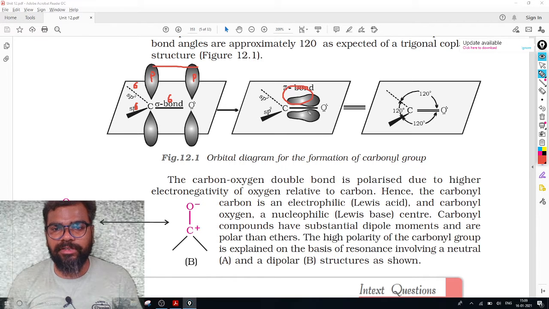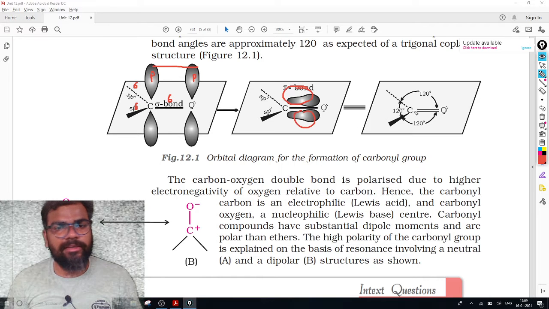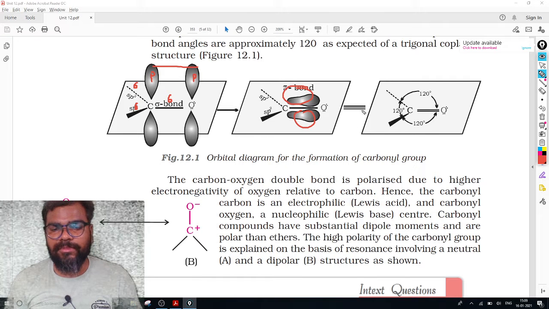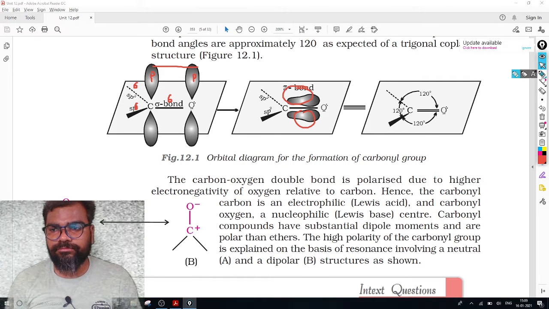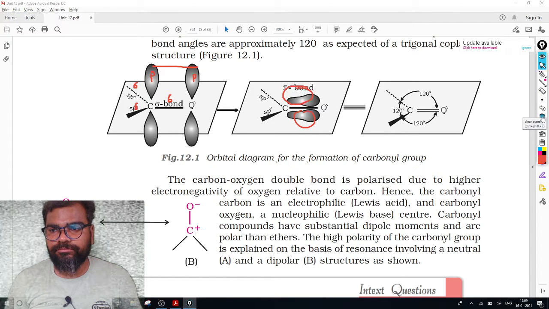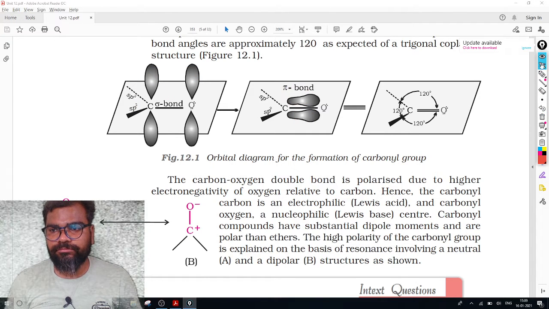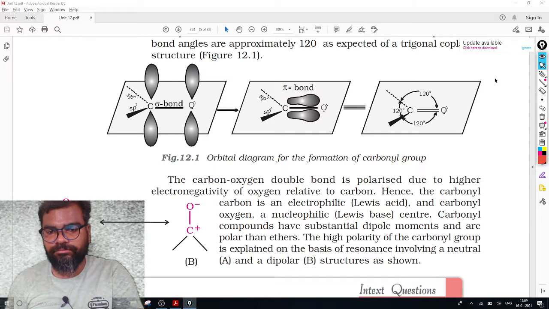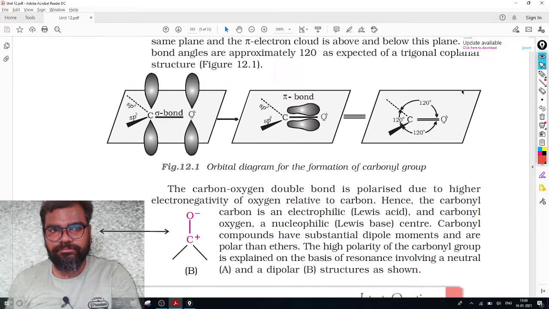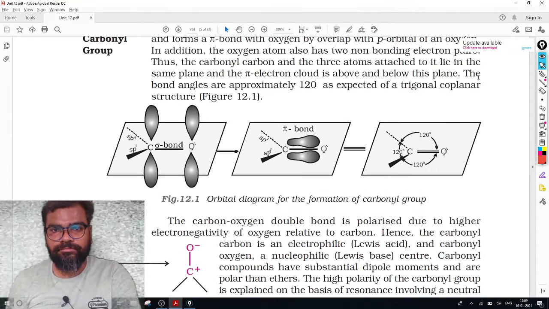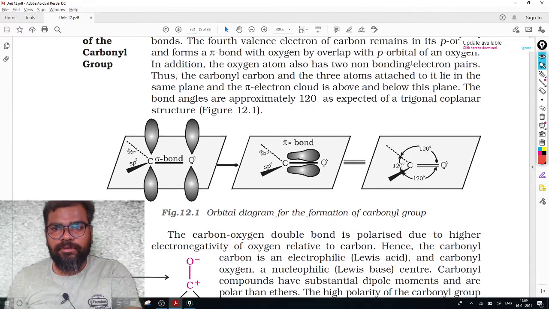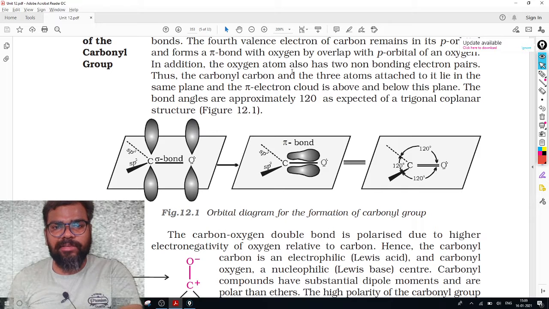You can see over here the cloud of the pi bond.